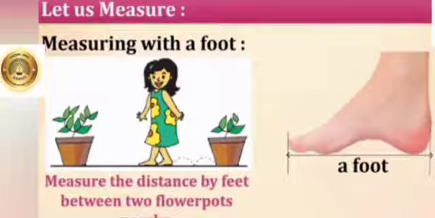So she is counting like this: 1 feet, 2 feet, 3 feet, 4 feet, 5 feet, 6 feet and 7 feet. So what is the distance between the two pots? 7 feet.